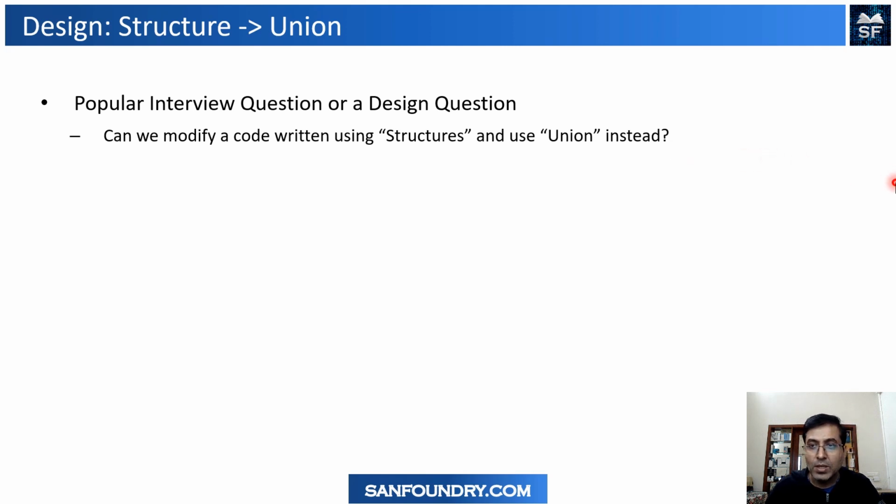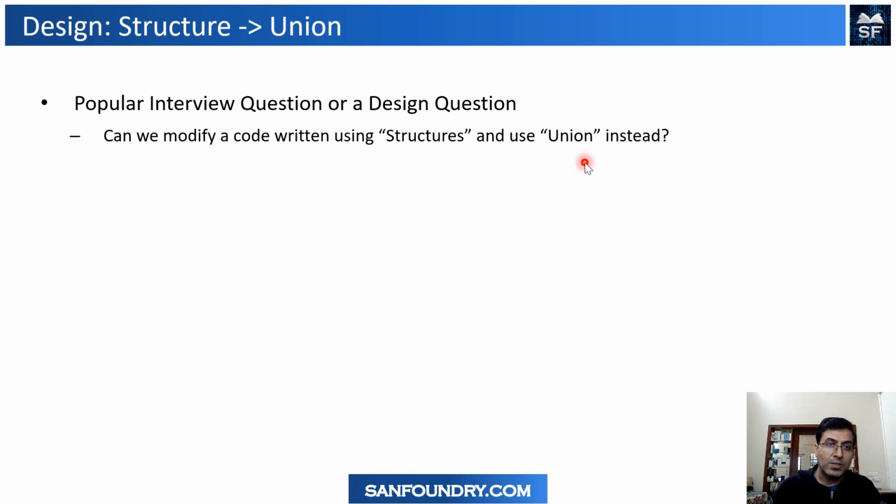Okay. The goal here is to understand how much a candidate is aware of the unions versus structure differences in the real world. So the answer for this question is no. Most likely, do you want to modify something which is written using structures and then use unions instead?